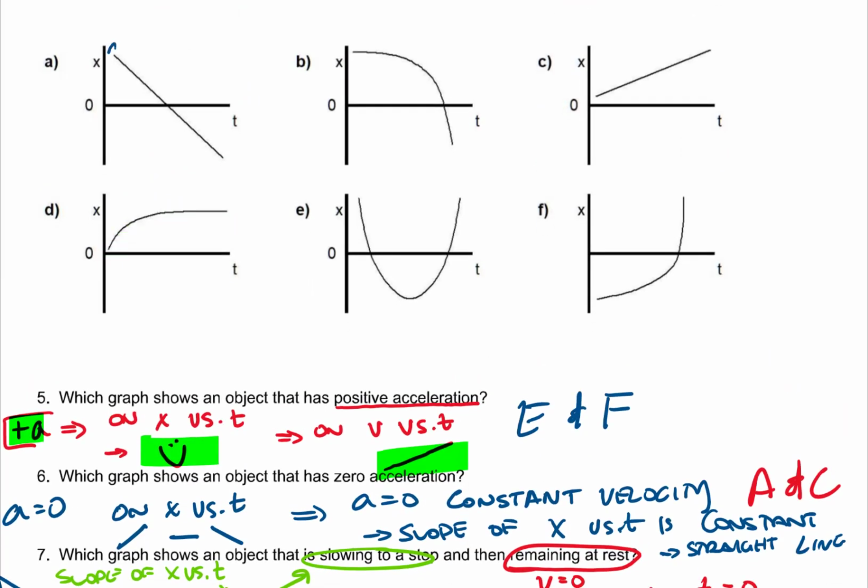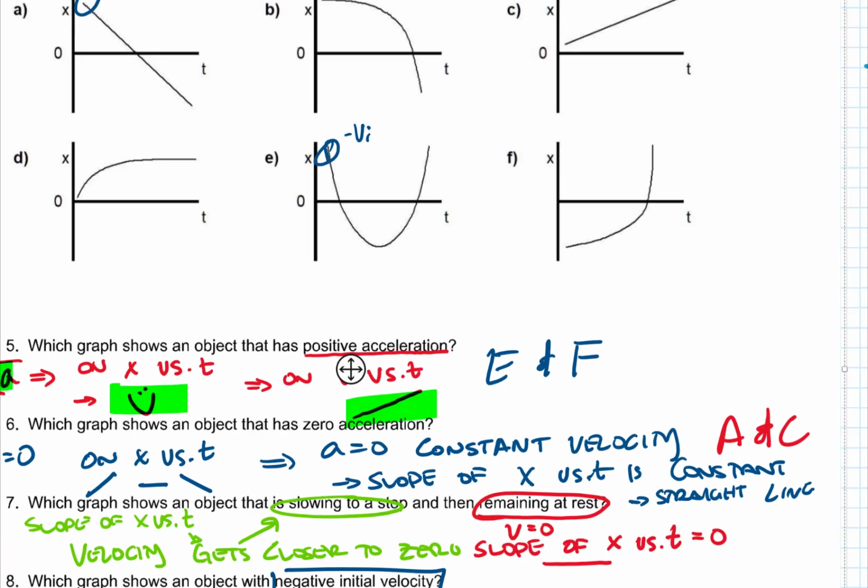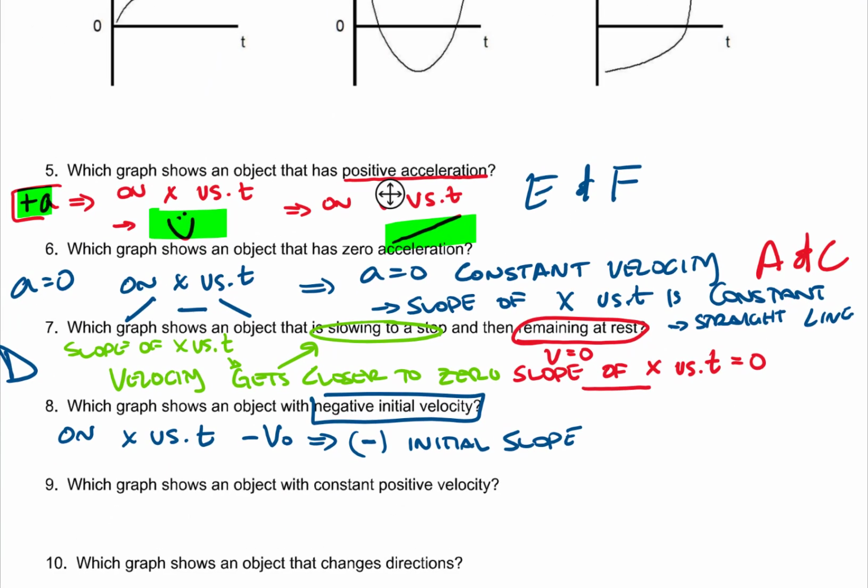A, the slope to begin with, that is a negative initial slope, initial velocity. Here, the initial slope is 0. Here, it starts off positive. Here, the slope starts off positive. Here, ooh, that's a negative slope, so that's a negative initial velocity. And here, that slope's positive. So the only ones with negative initial velocity are A and E.